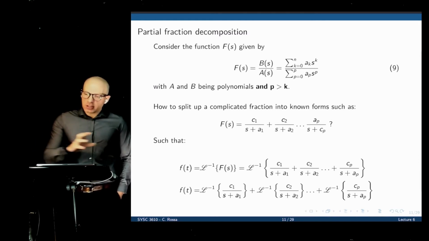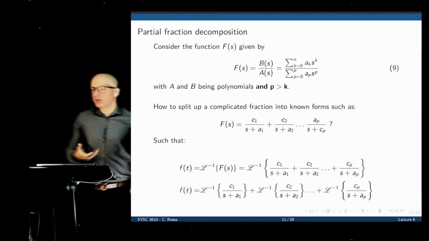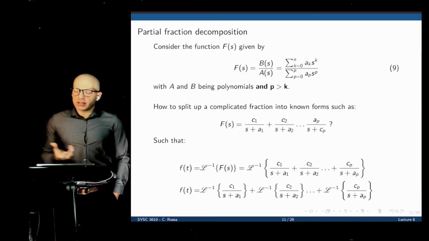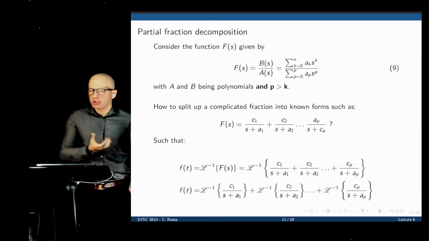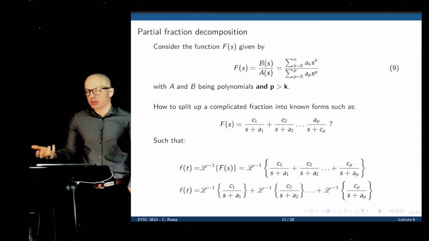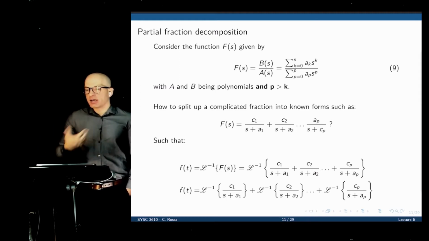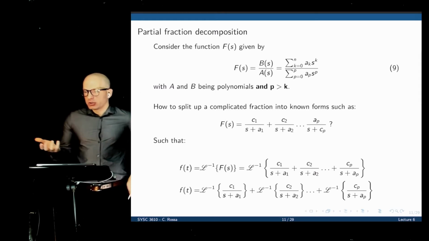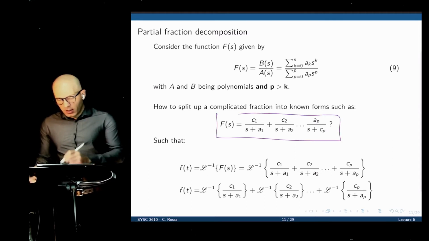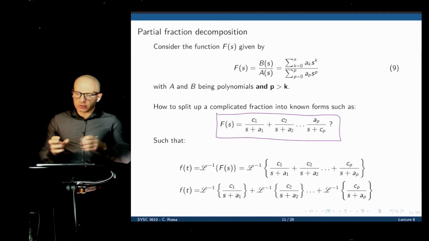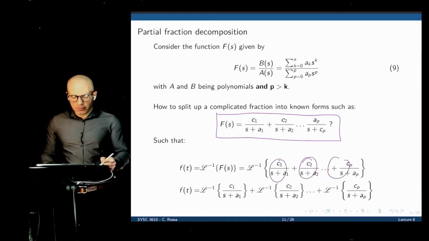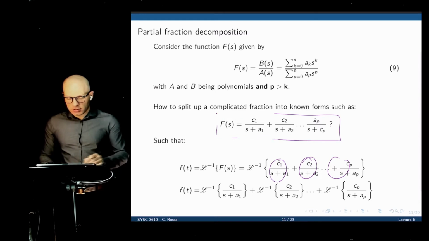If we have a complicated polynomial, we won't find that polynomial in a table of Laplace transforms. But we can split that polynomial into small partial fractions and then find each of these partial fractions in the table of Laplace transforms and do the inverse. Because the system is linear, we know that it holds. If you take the Laplace transform of this entire thing, it is the same as taking the Laplace transform of individual terms and then adding them up.